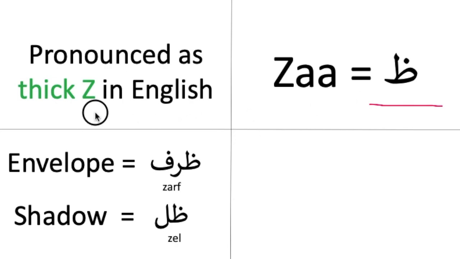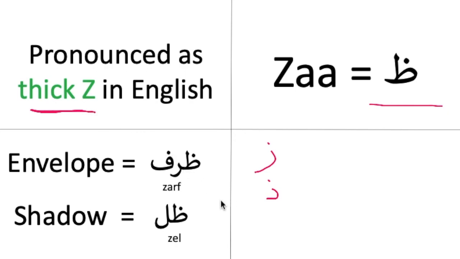But za is pronounced as thick Z. Za is different than zain or zal. Zain or zal are pronounced as just a regular Z, but za is pronounced as thick Z.